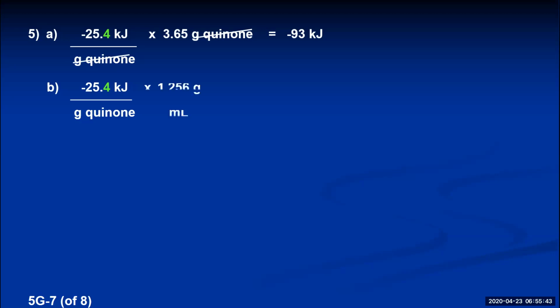So if I multiply this by the 1.256 grams per milliliter, I have now calculated how many kilojoules are released per each milliliter of quinone. So now all I have to do is multiply by the number of milliliters, and I will know how much heat is going to be given off when the 75 milliliters of quinone are burned. And this comes out negative 2,400 kilojoules, rounding the answer to two significant figures because our original negative 25 was only two significant figures.